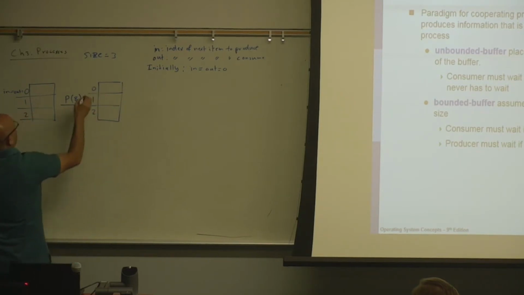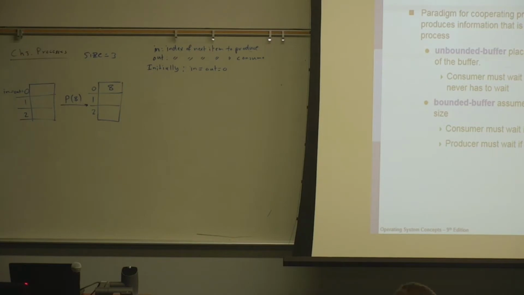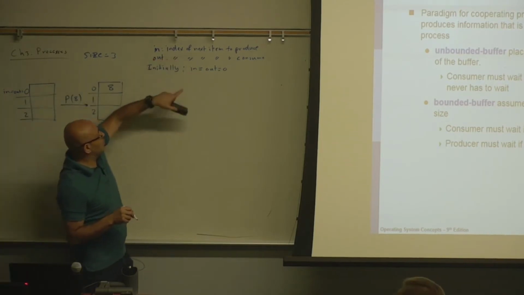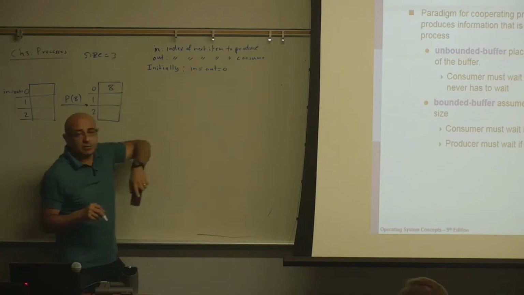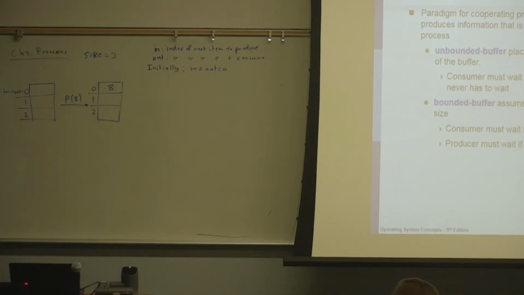So now we will have 8 here. Now when the producer produces something, will this change the in index or the out index? In is the index of the next item to produce, out is the index of the next item to consume. When the producer produces something, which of these 2 indices should we advance? In.